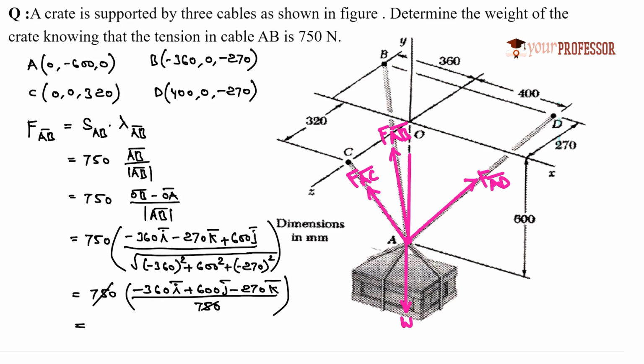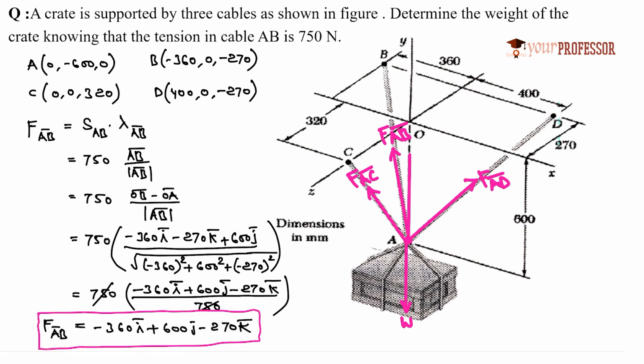So then we will get the value of FAB bar as minus 360 I bar plus 600 J bar minus 270 K bar. So this is the force vector along the string AB. So let's highlight this. So this is FAB bar.